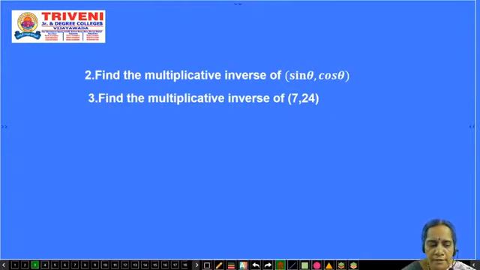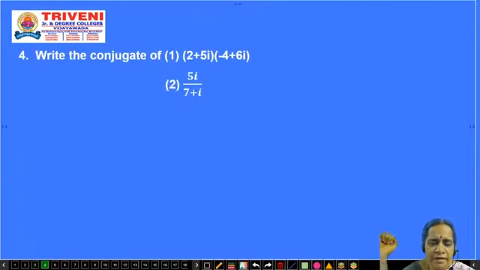Next one is, write the conjugate of (2 plus 5i) into (minus 4 plus 6i). First we have to multiply these two complex numbers. 2 into minus 4 means minus 8, and 2 into plus 6i means 12i. Then minus 4 into plus 5i, that is minus 20i.